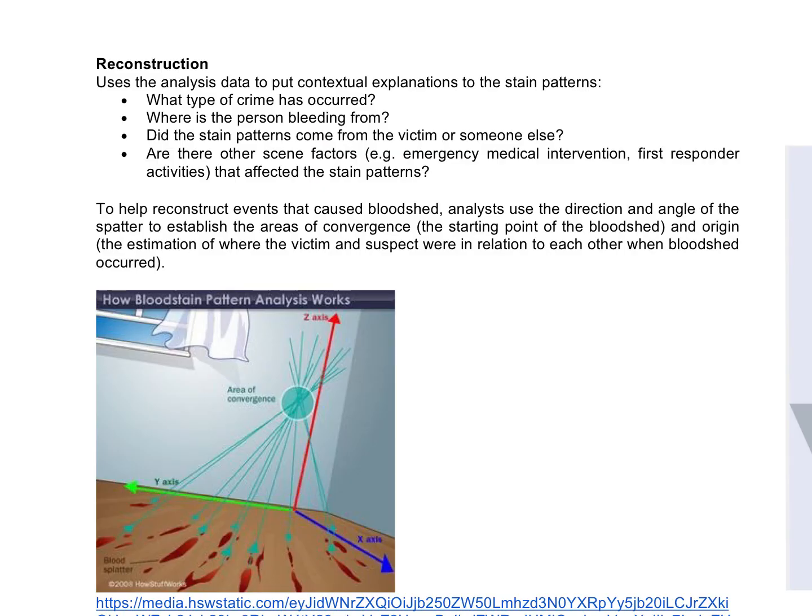Now next is to reconstruct, using the analysis data put into contextual explanation to explain the stain patterns, right? What type of crime, where's the person bleeding from, did the stain patterns come from the victim or from someone else, are there other scene factors like emergency medical intervention, anybody help, or did somebody come and clean the crime scene?